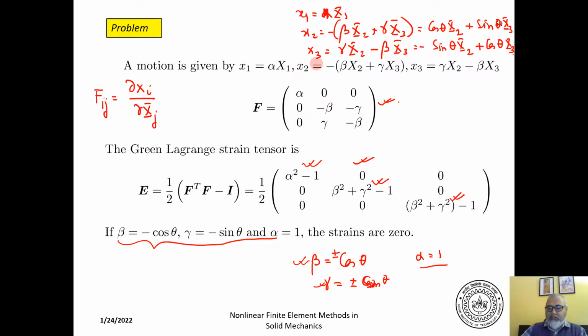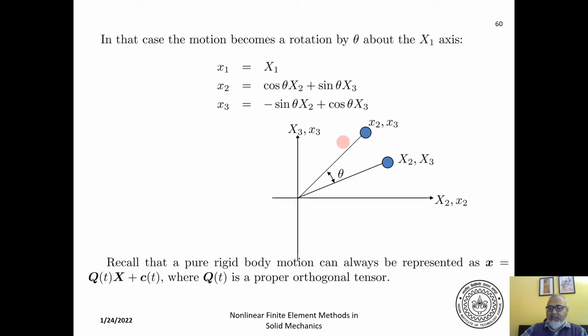So that's what is shown here about the x1 axis. This is a pure rigid body motion that it represents, and we already know that rigid body motions can be denoted as a proper orthogonal tensor times capital X plus C. Obviously, in this case, C is equal to 0.